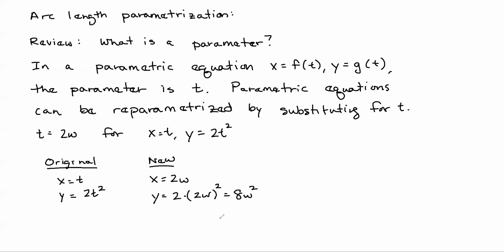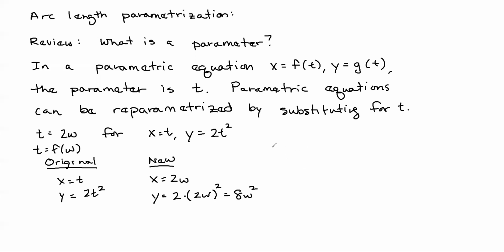Okay, so the thing about doing a reparameterization like this is that as long as the substitution that you make, if you think of the substitution as a function, as long as that function is invertible, then it turns out that the graphs will remain the same. The graph doesn't change, except for one fact, which we'll talk about in a second.